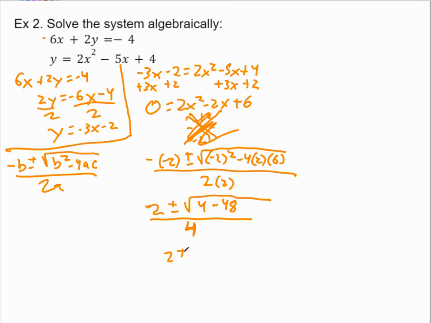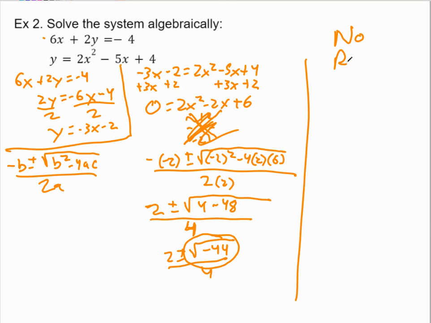Subtract inside here, I've got 2 plus or minus the square root of -44 over 4. Okay, so I've got a negative square root here. So that tells me instantly that my answer is that there is no real solution. Negative square roots always tell me no real solution.